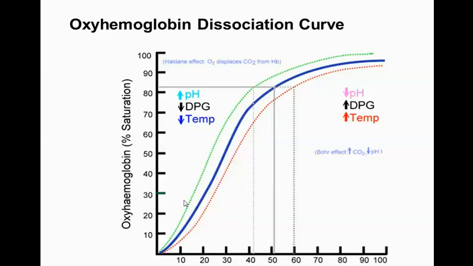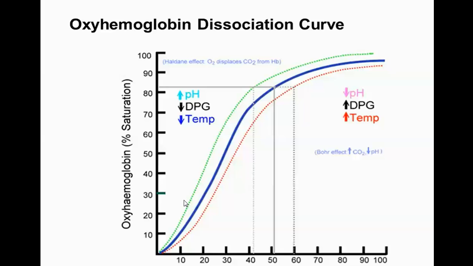And then we discussed that there is a shift to the left and a shift to the right. Shift to the left: if we have 80% of hemoglobin saturated, how much PO2 is needed to saturate this amount of hemoglobin?